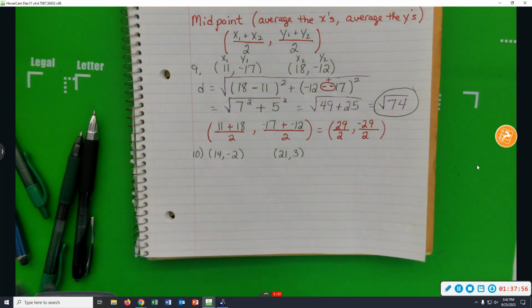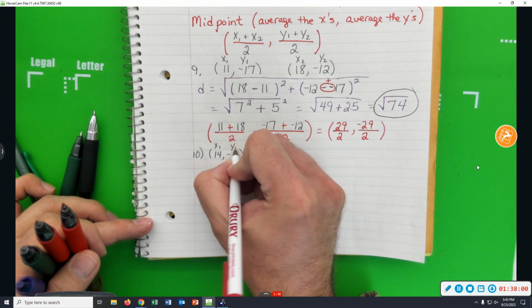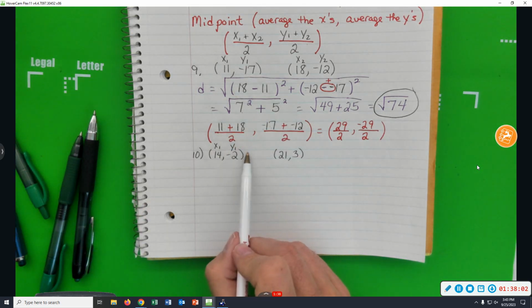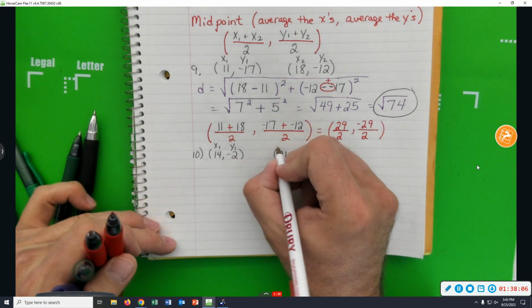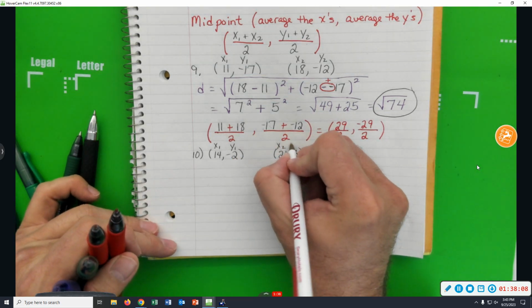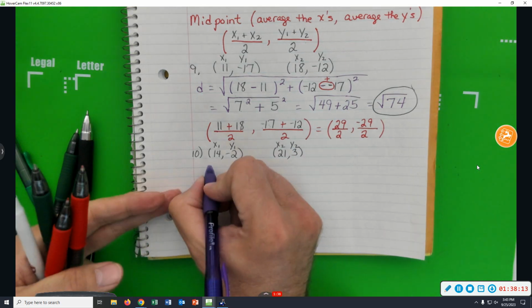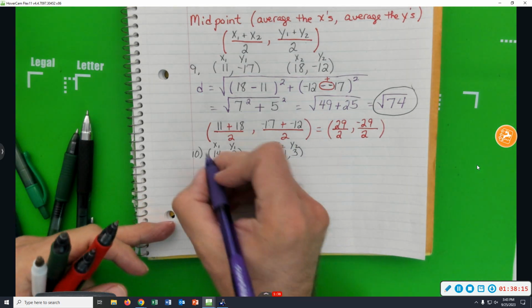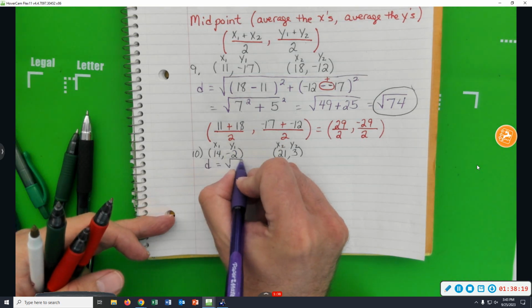Okay. I'll call it x1, y1. So see, if you had said x1, x2, you're going to mess up on it. Make sure you're going x, y. And I'm going to go ahead and write down that distance formula.